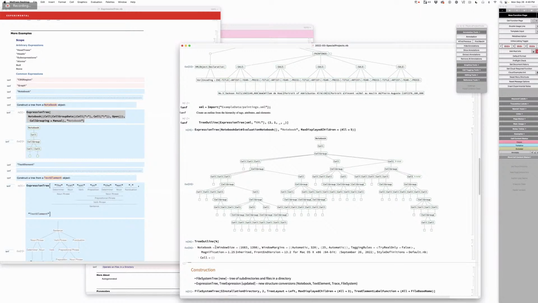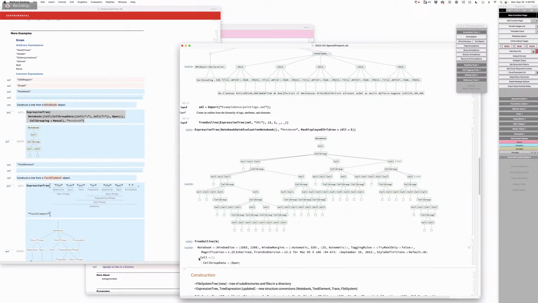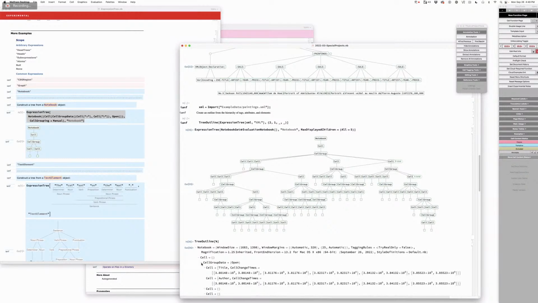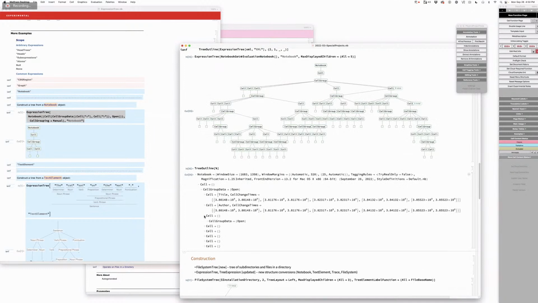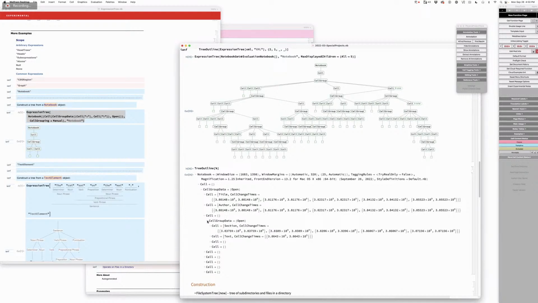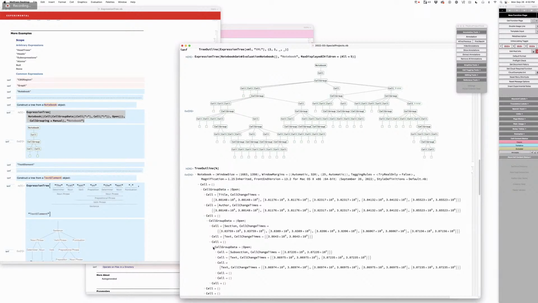What is that structure? That's the arguments of the notebook minus the nested cells and its children. Everything that's not a child gets put into a list. This is pretty confusing.